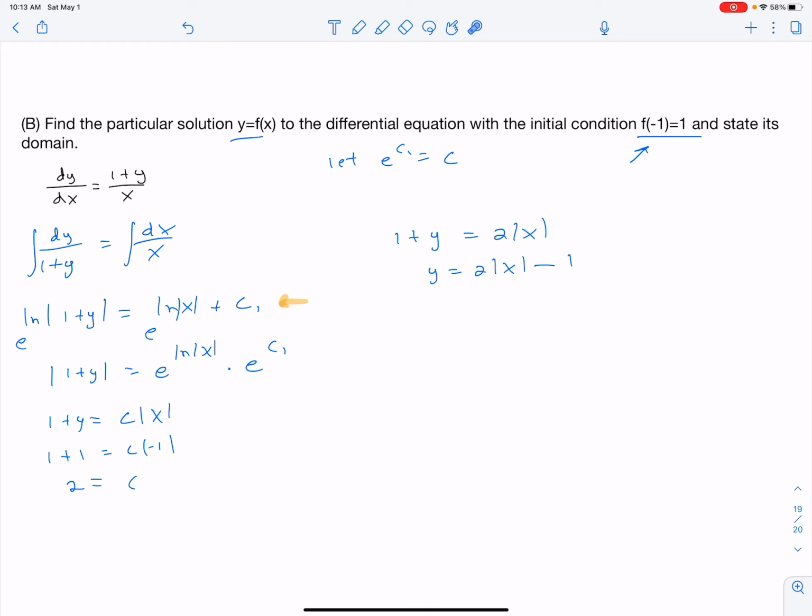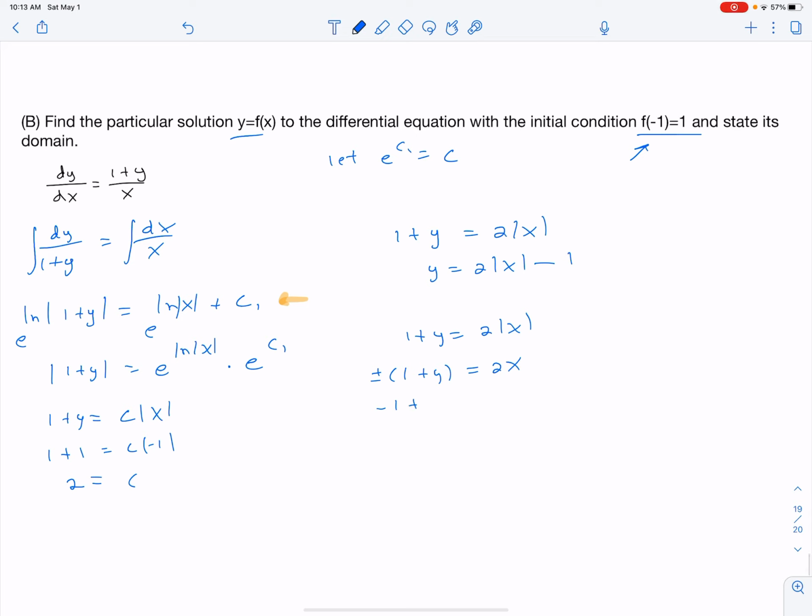I could also, if I wanted to, get rid of the absolute value of x. The only reason is they're asking about the domain, and I want to think about it a little bit. So let's get rid of that absolute value of x. We get either plus or minus: 1 plus y equals plus or minus 2x. So this gives us negative 1 plus y equals 2x, or 1 plus y equals 2x.